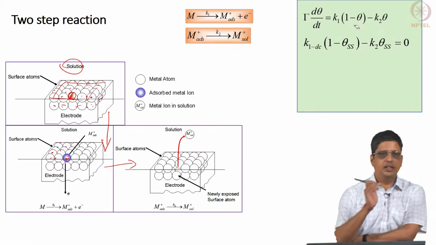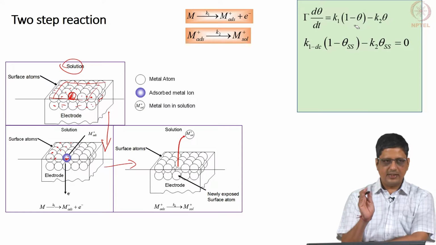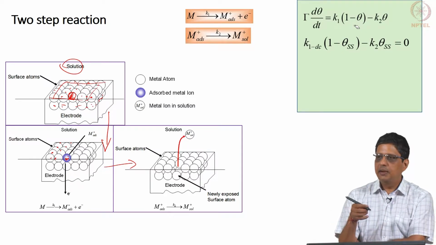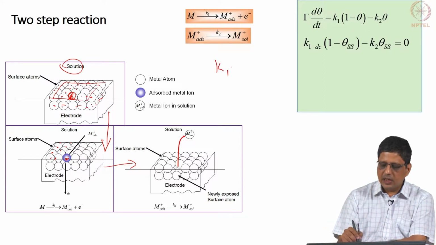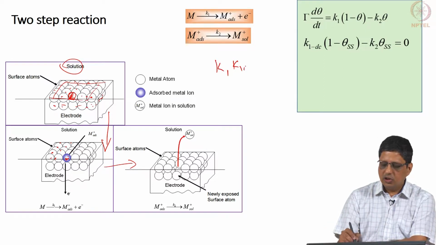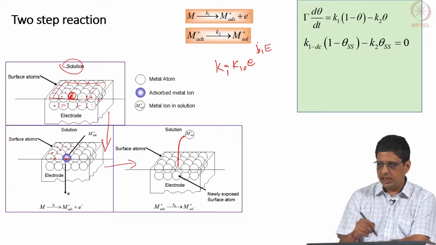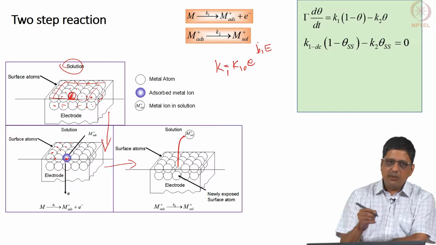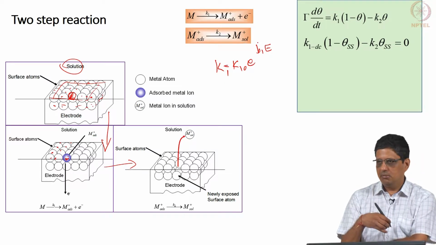Here we are assuming certain things. We assume mass transfer is fast. We assume that the model here, we are going to make an assumption K1 is going to be written as K1 e power B1 E, it is exponentially dependent on potential. We are assuming that Langmuir isotherm model works here.